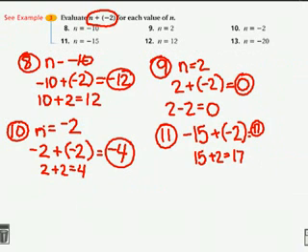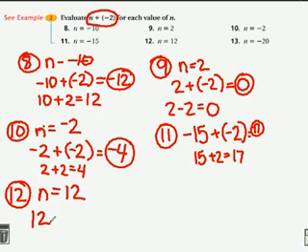All right. Number 12 is 12. So n equals 12. And 12 plus negative 2. It equals 12 minus, they're different, so we got a 12 minus 2.